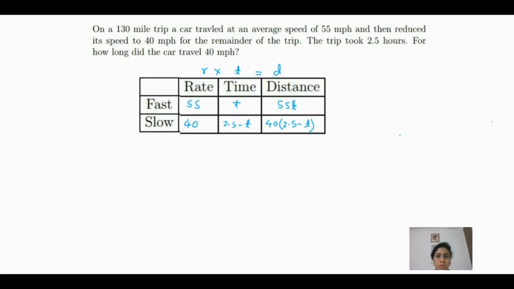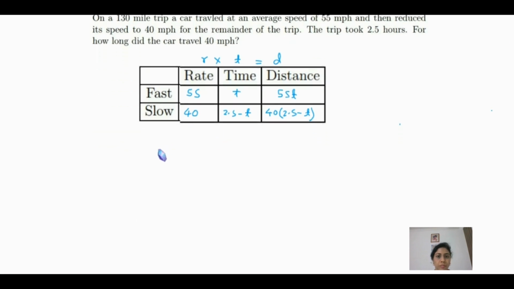Okay, so we will make an equation. When the car was fast, it covered 55t distance, and when slow, this is 40 in the bracket (2.5 minus t), this is a decimal, okay, equal to 130.